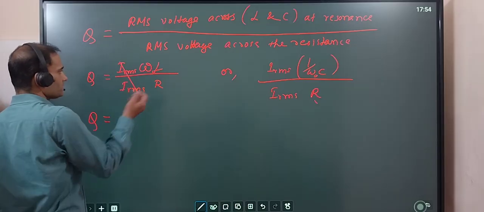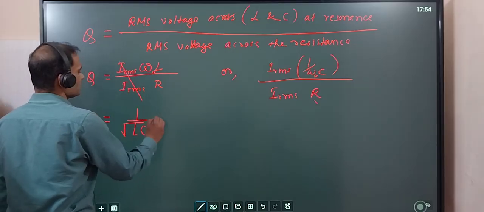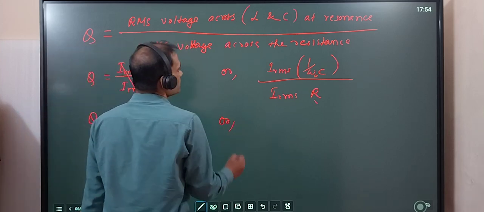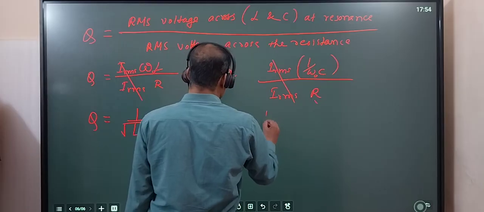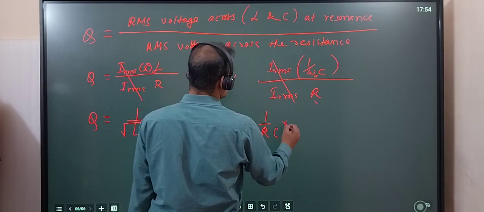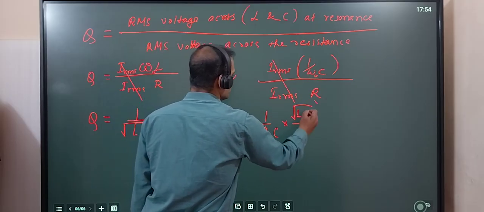I RMS part is gone. Omega naught is 1 by root LC, L by R, or I RMS is gone, 1 by R, C is at the bottom. 1 by omega naught will become root LC.